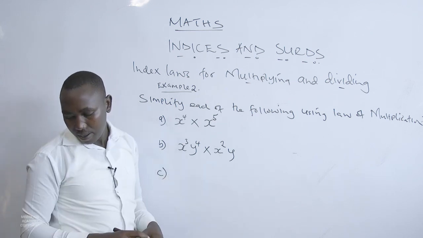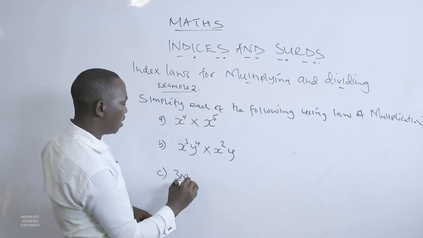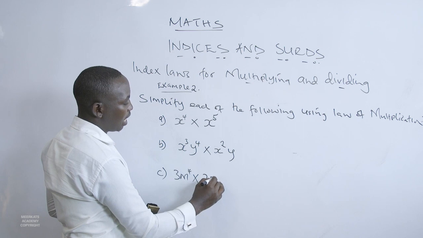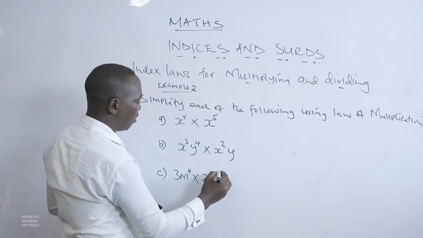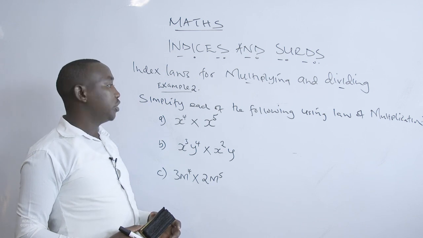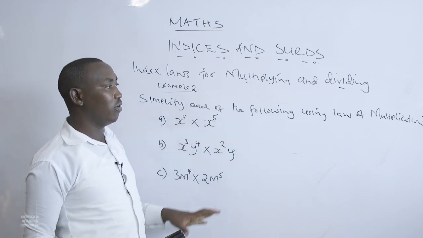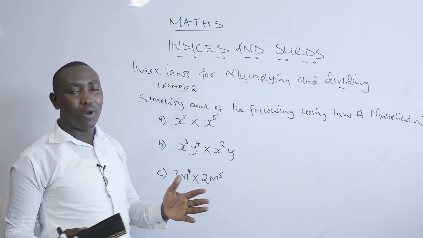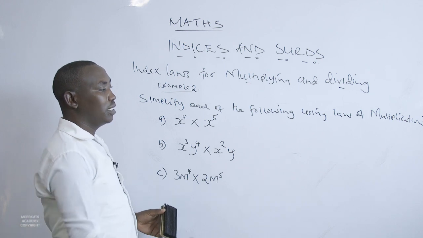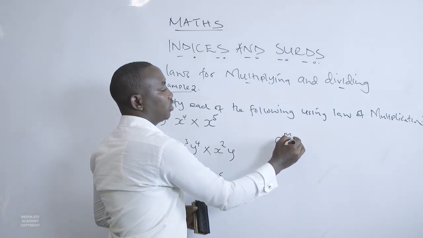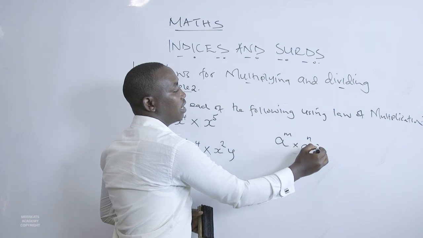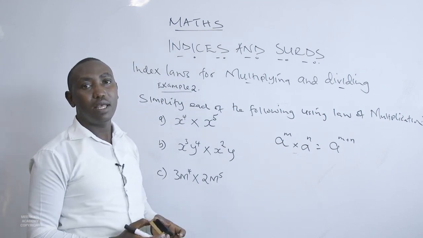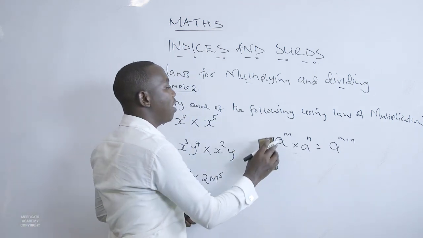Then finally we have 3m raised to the power of 4 multiplied by 2m raised to the power of 5. We are supposed to simplify each of these using the law of multiplication. The law says that whenever you have a raised to m multiplied by a raised to n, you add the powers, or you get the sum of the powers.